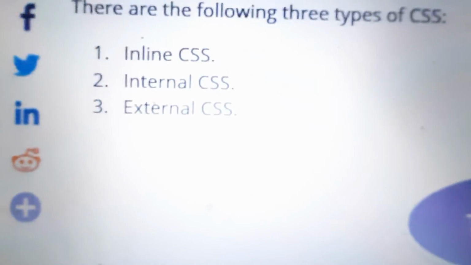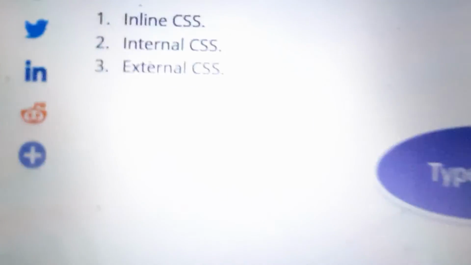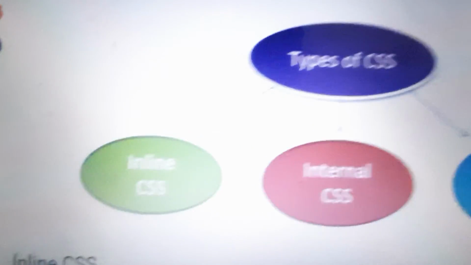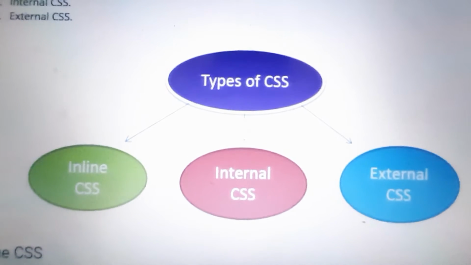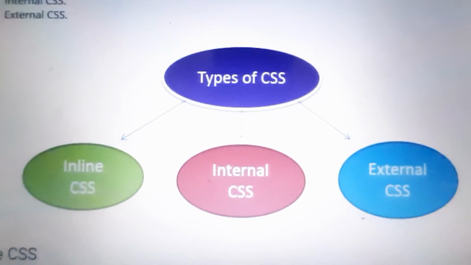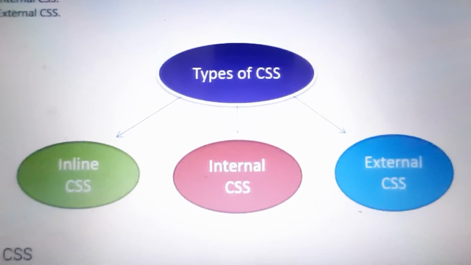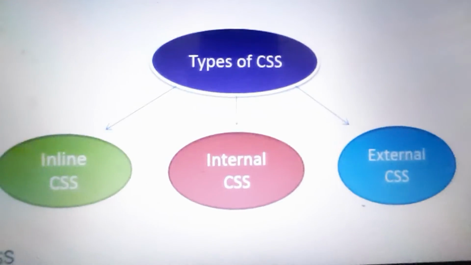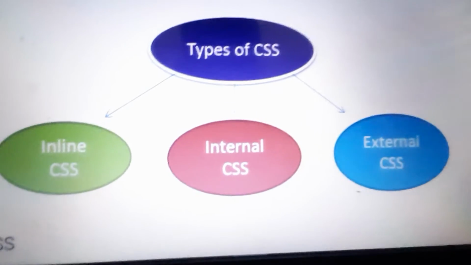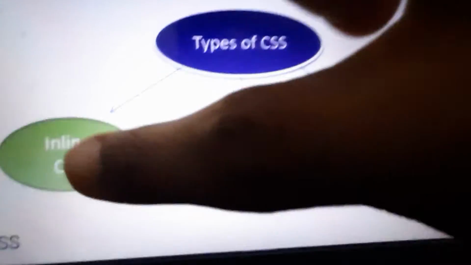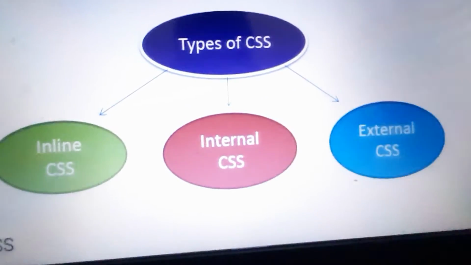So there are 3 types: inline, external and internal. You can see this chart and can take a screenshot too. Inline CSS, internal CSS and external CSS. We are not going to learn external CSS, but we are going to learn these 2 types of CSS.